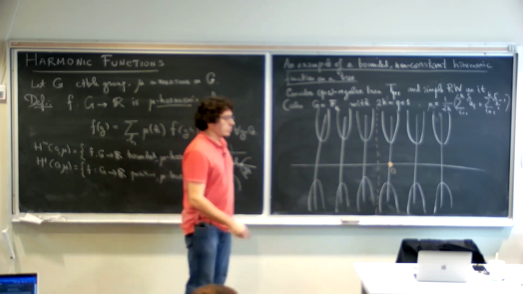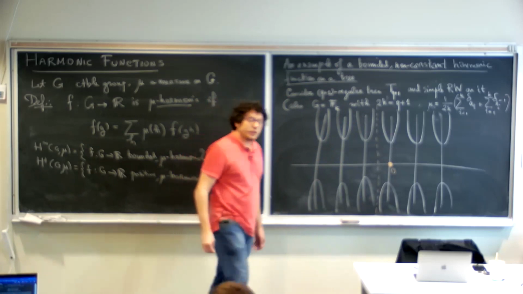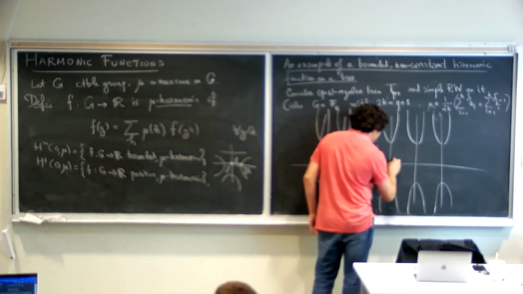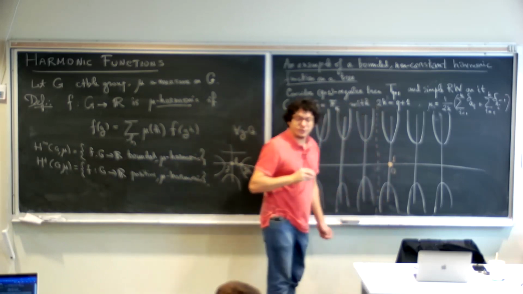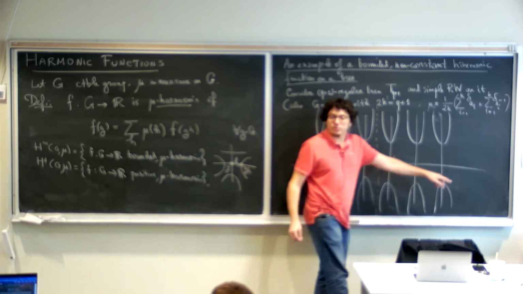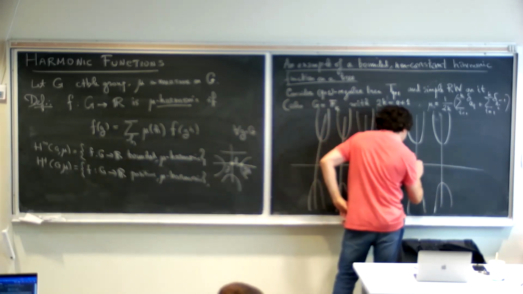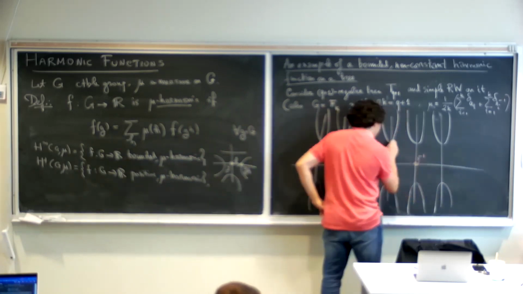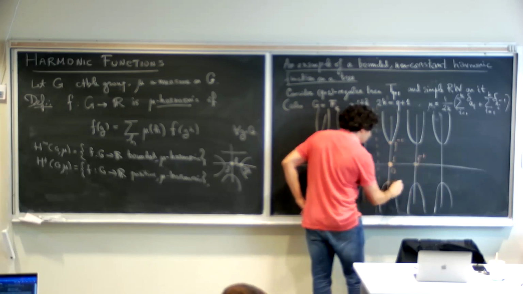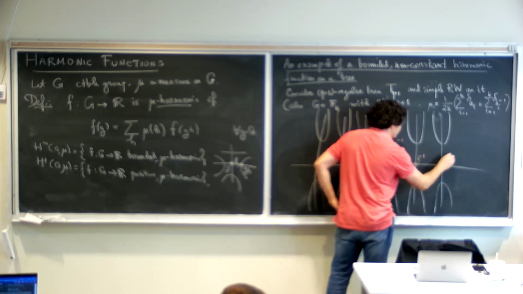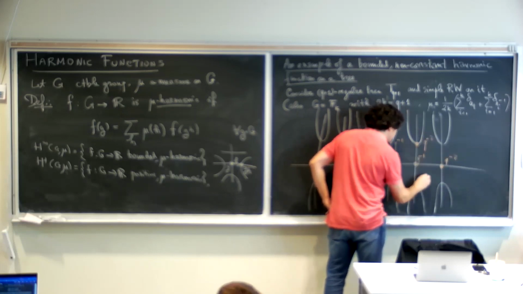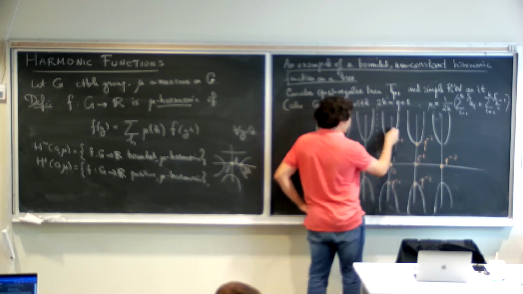And we saw last time what is the trick. The trick is, okay, we define the function to be 1 at the origin, and then we go down exponentially at each step. Right. So this one would be q to the minus 1, q to the minus 1, and this one would be q to the minus 2, q to the minus 2, q to the minus 2, and so forth.